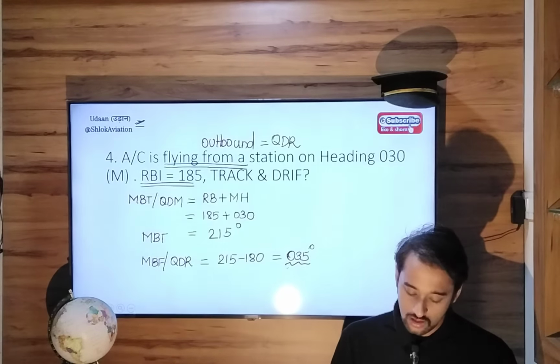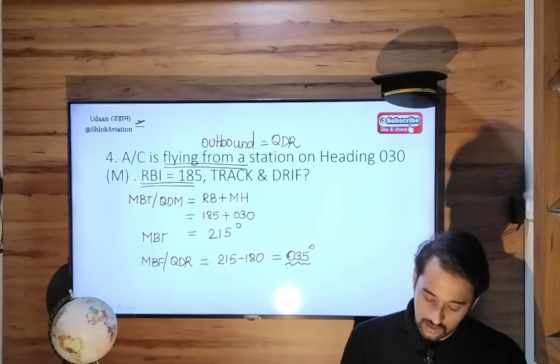So drift is the angle between your heading and track. Okay. So heading is 030 and track is 035.